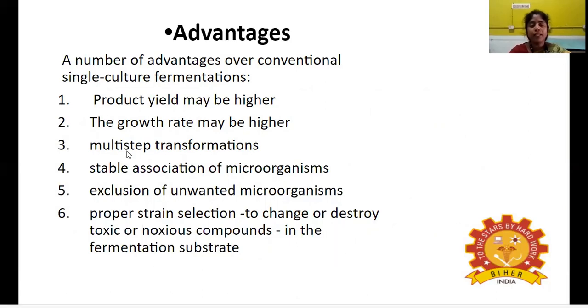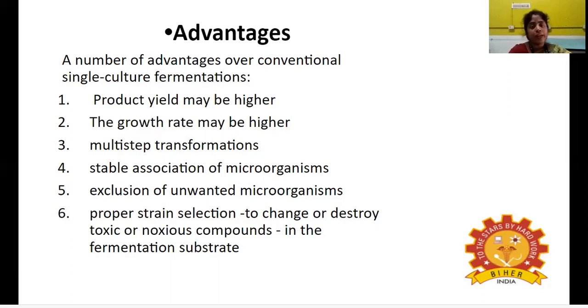The next one, multi-step transformation. Here it indicates that the substrate is converted into the product, and when it is converted, there are n number of steps. It will not be directly converted into the product from the substrate, which means that there are n number of intermediates, byproducts and undesired products formed along the way.